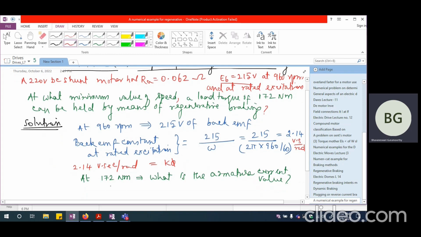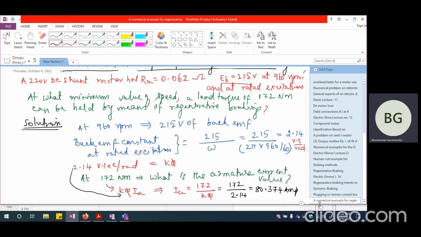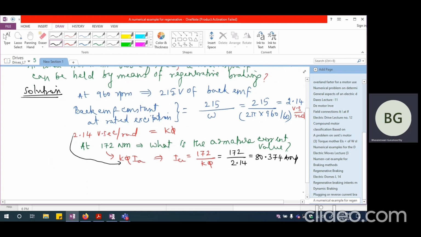The torque is generally given by K5 IA. So IA is going to be 172 divided by K5, which is 2.14. So I should write this as 172 divided by 2.14. And that will give me the current value, which happens to be 80.374 ampere. So I'm assuming that the excitation is constant throughout, that is not changing at all.